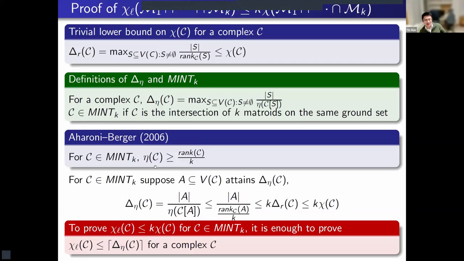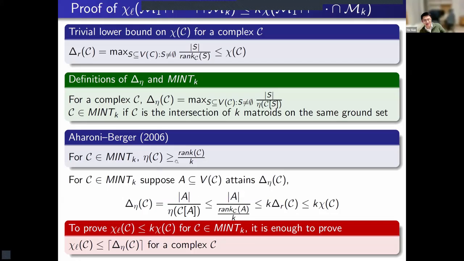And with this in hand, assume our complex C is the intersection of k matroids, and assume on the vertex subset A you attain the maximality of delta eta. Then by definition, delta eta is just the size of A divided by the connectivity of C induced on A. And then we apply this Aharoni and Berger result.